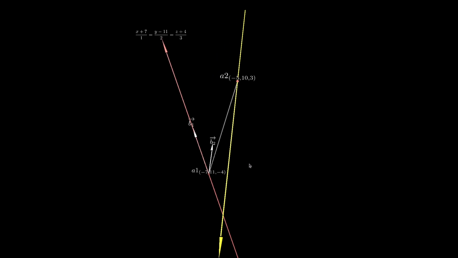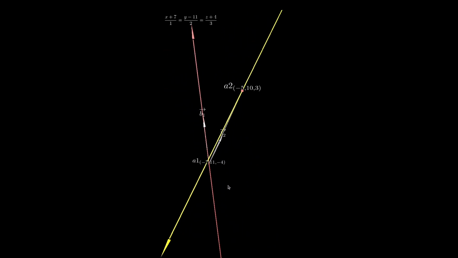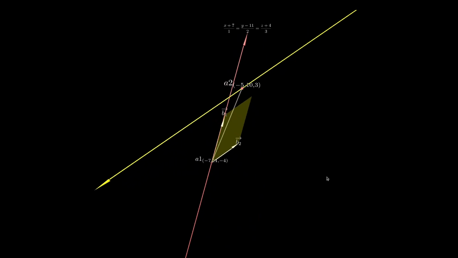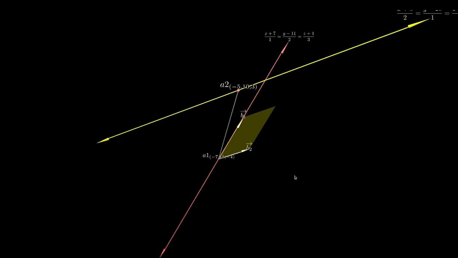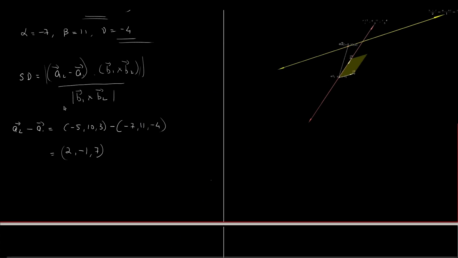The B2 vector will be towards the direction of the second line. The magnitude of B1 cross B2 will be the area of the parallelogram that is created by B1 and B2.